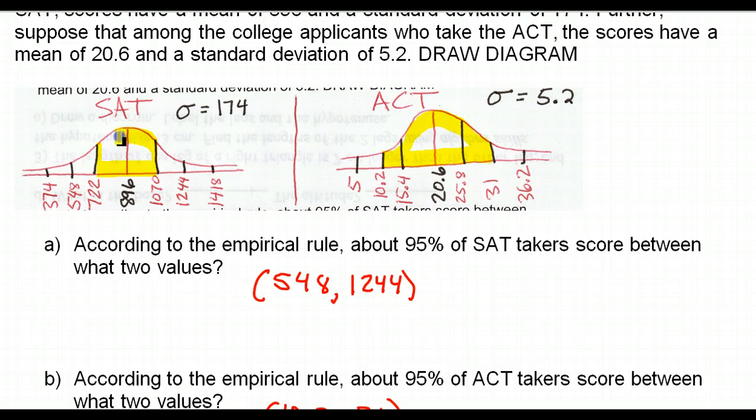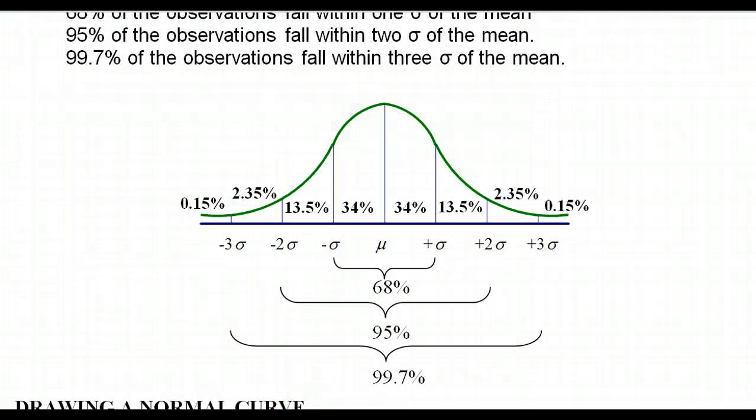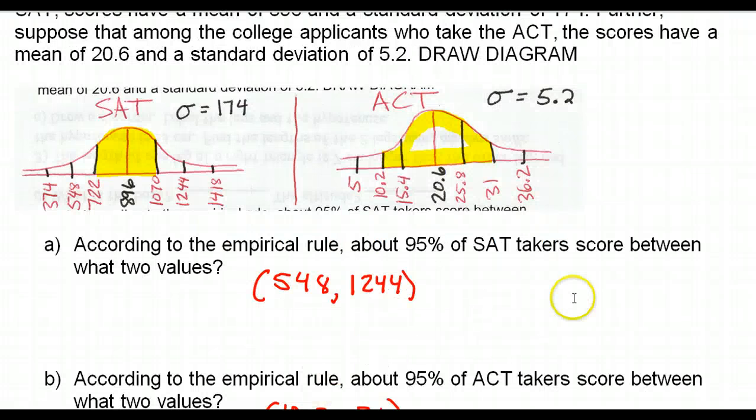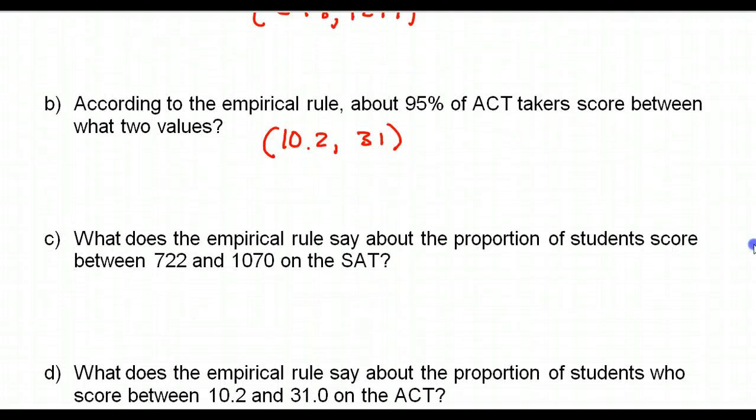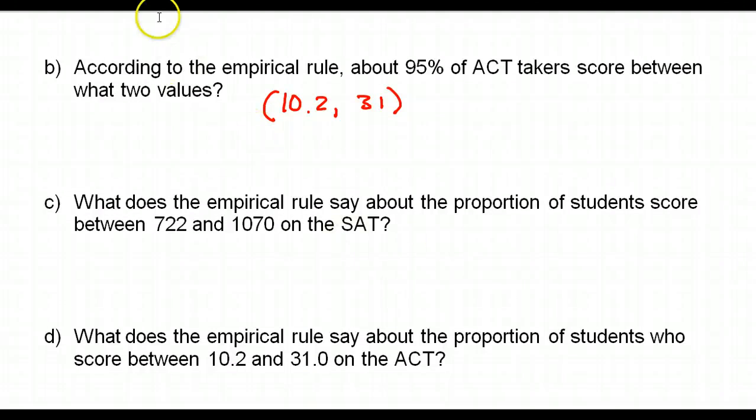So we are talking about this region of the graph. And that is within 1 standard deviation of the mean. And we have memorized, hopefully, that 1 standard deviation of the mean will capture about 68% of the data. So that is the proportion that they're talking about, is that percentage. Okay, so that is 68% of the data should be between those two numbers.